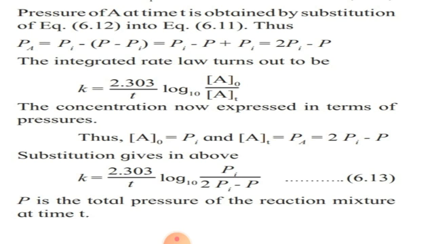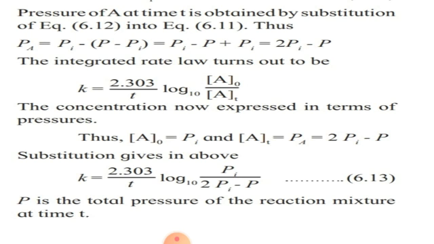P is the total pressure of the reaction mixture at time t. Now this equation 6.13 is the integrated rate law equation for gaseous phase reaction. k is equal to 2.303 upon t log to the base 10 concentration of A naught upon concentration of A t is the integrated rate law equation.